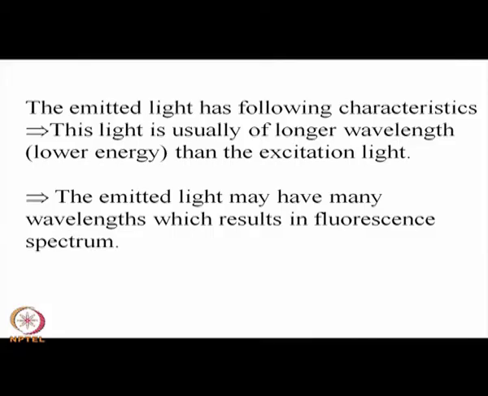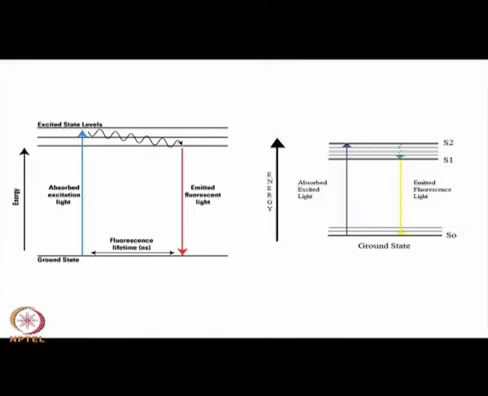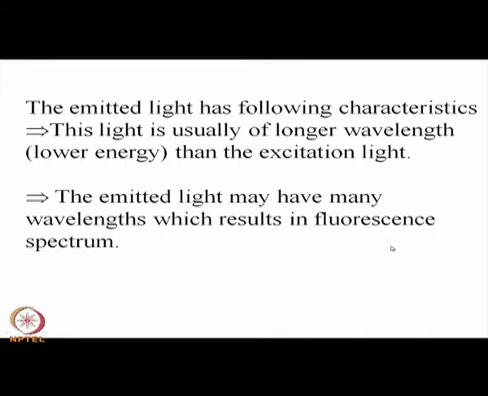So what we get, again think of this diagram: excitation blue, emission red; excitation violet, emission yellow. The emitted light has the following characteristics. This light is usually of longer wavelength, which means lower energy, compared to the excitation light.